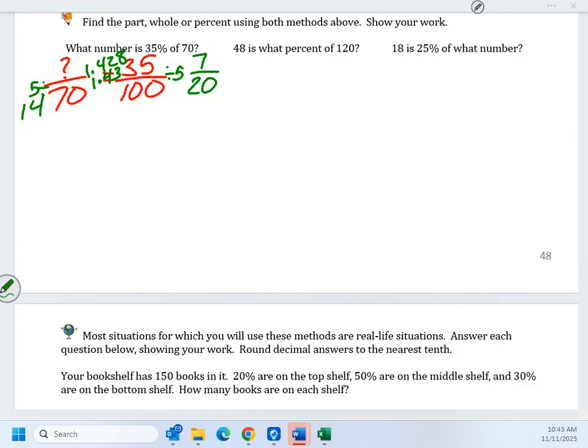let me see your calculator real quick. Okay. So what is 35 divided by 1.43? So if I said 20 divided by 14 is 1.43, what's 35 over 70?